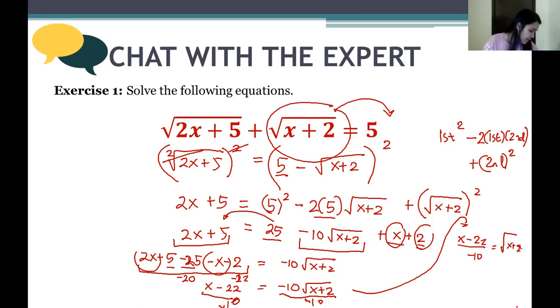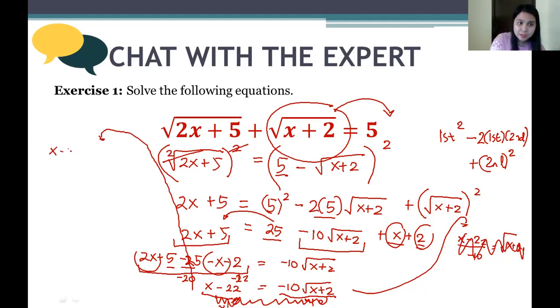Next, we can raise both sides by the square, or here's another way. Let me erase this one first. From here, we can do the square immediately. x minus 22 equals negative 10 square root of x plus 2. We can square both sides now.